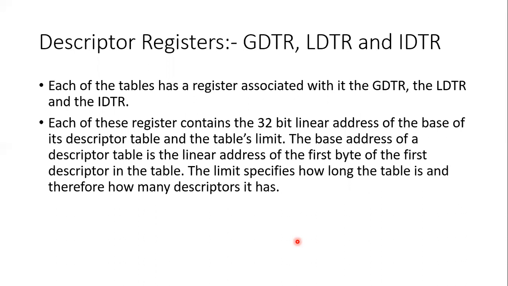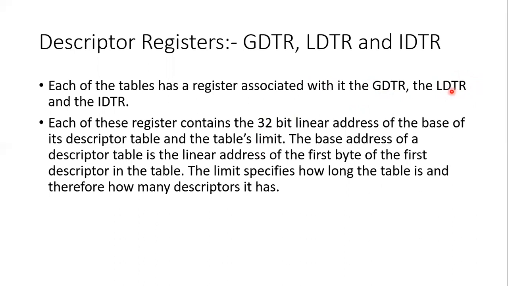Fine. So each table has a register associated with it. Let that register be associated with the GDT, then it is termed GDTR, Global Descriptor Table Register. If a register is associated with the LDT, then it is termed LDTR.